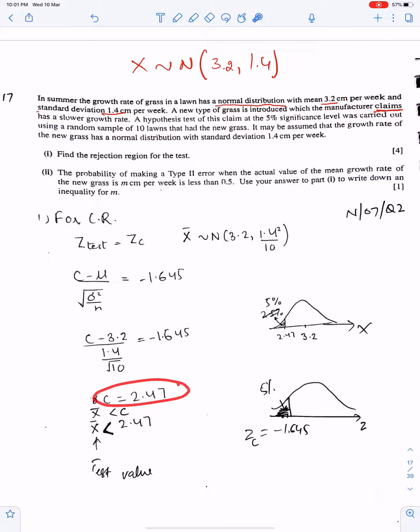In order to reject H naught, the test value must be less than the boundary. So X bar must be less than 2.47. When your test value lies here, you will reject H naught. And this region is the critical region. So your test value must be less than C, which means the test value must be less than 2.47.